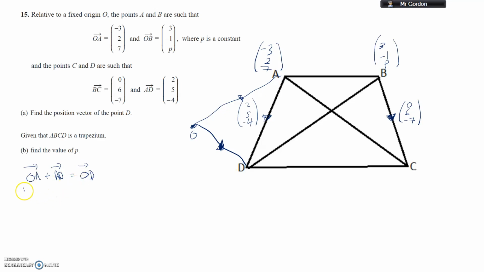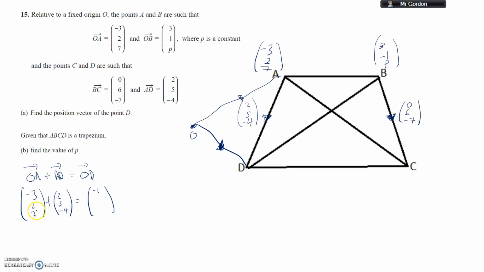Let's put in the column vectors and do the addition. If you understand what you're doing, the maths is not too difficult. It's just adding numbers. -3, 2, 7 plus the direction vector AD, which is 2, 5, -4. Get a calculator out if you're allowed one. -3 plus 2 is -1.